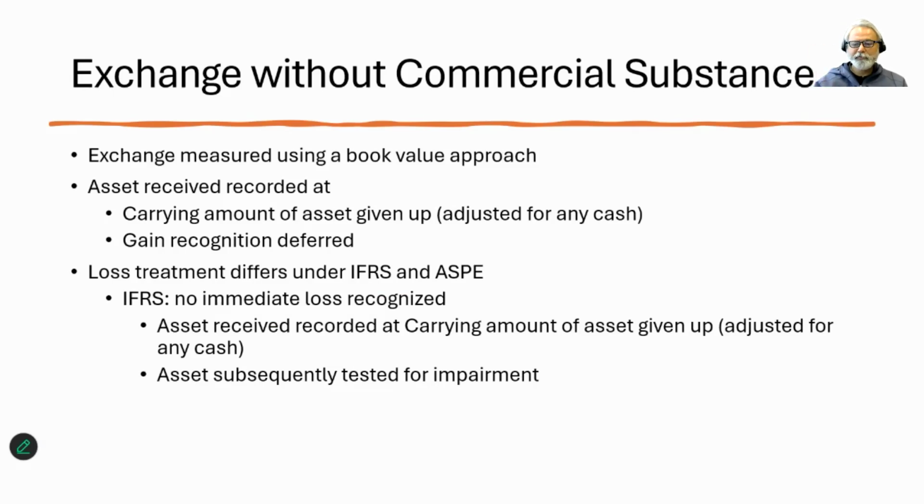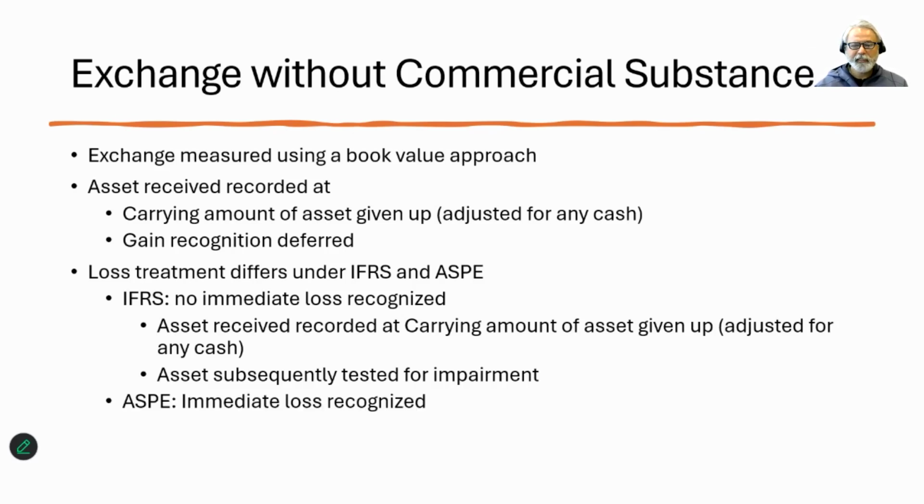If the fair value of the asset received is lower, what you do is you initially record the asset received at the carrying amount of what you gave up, but then you subsequently test the asset that you received and recognized for possible impairment. That impairment test will catch up for any deviations. If there is really a difference, then that would get picked up in the impairment test if the asset fails the recoverability test.